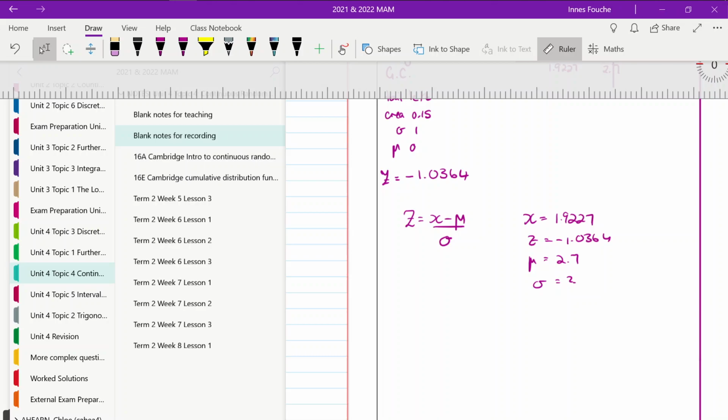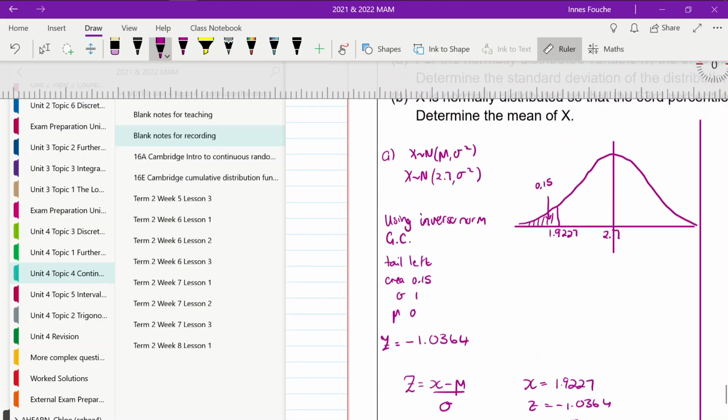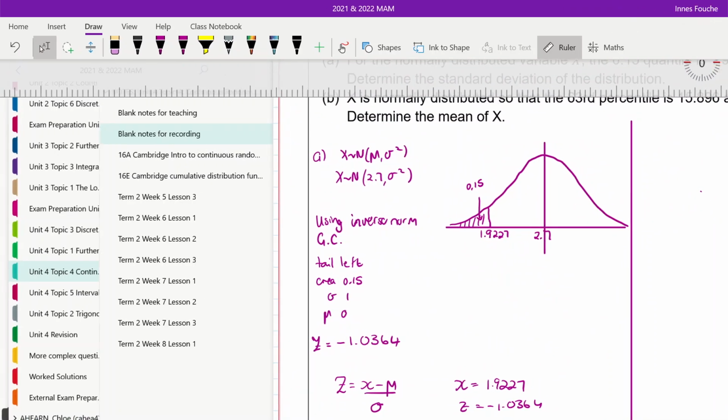So I can just pop all those values in. So negative 1.0364 is equal to 1.9927 minus 2.7 over sigma, and my standard deviation is 0.75. Alright, let's have a look at the next one.